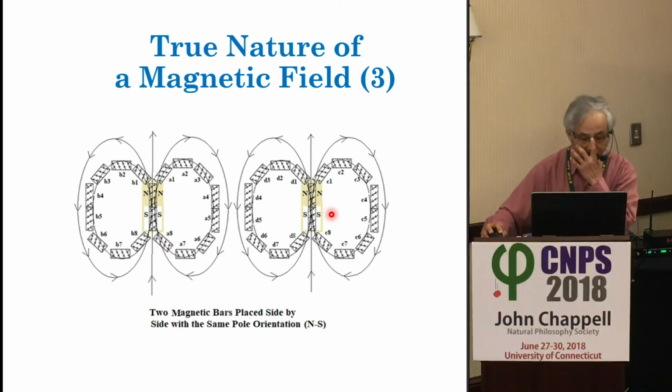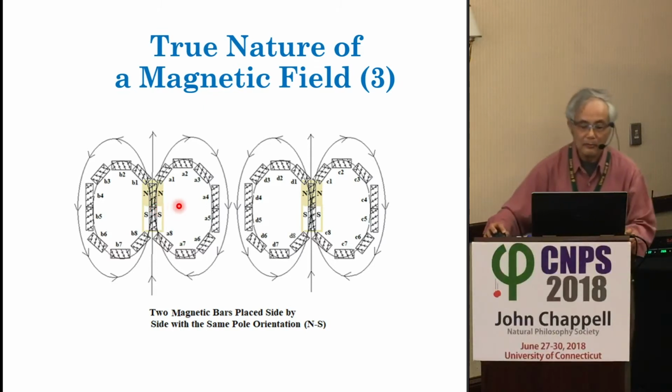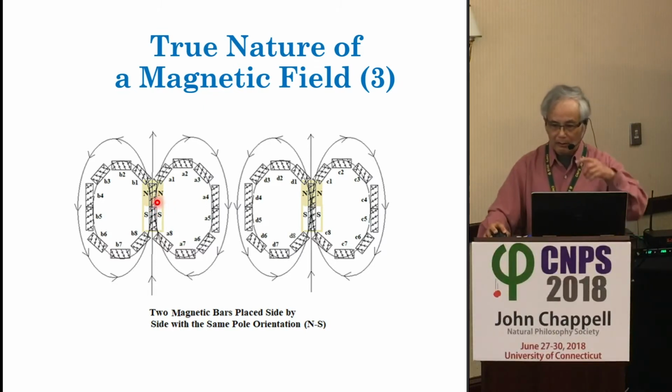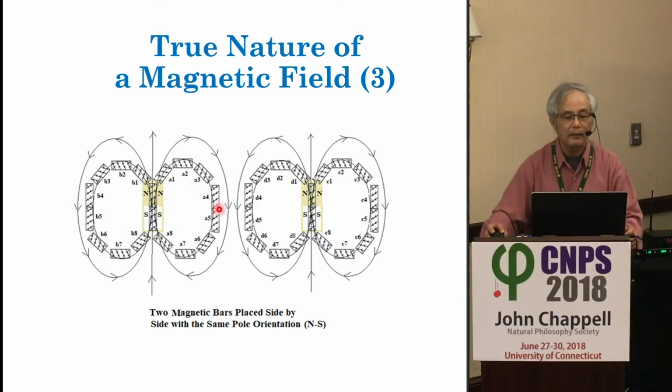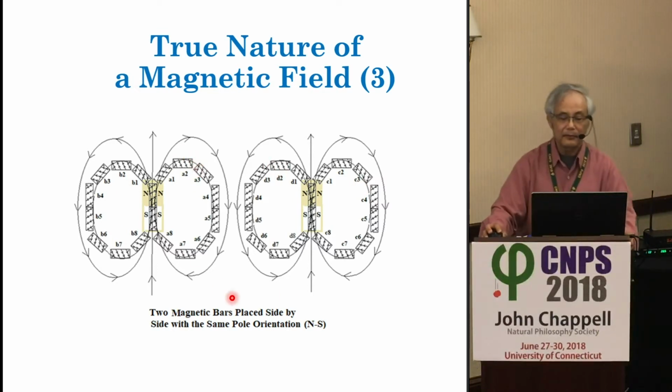And then gradually, for example, if this is getting very close to the center of the bar, you would feel a stronger and stronger repelling force, because this section and this section are not the same as far as running direction of screw thread. Of course, this section and this section, they repel already.